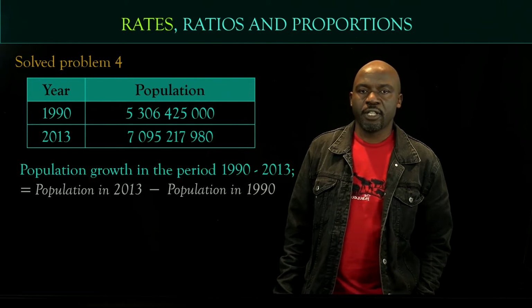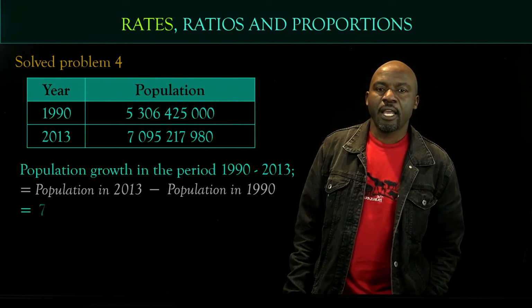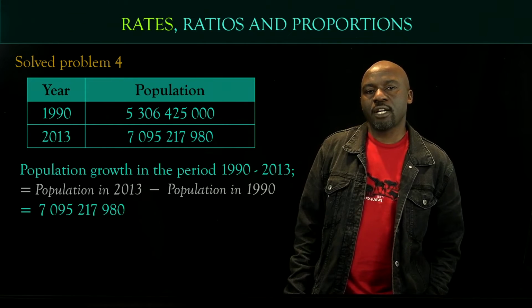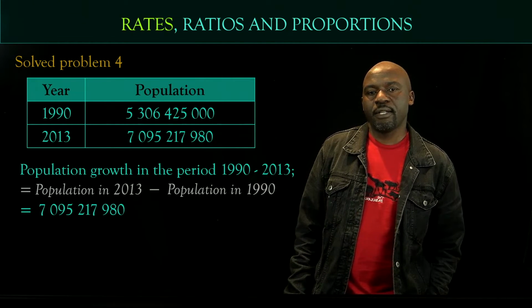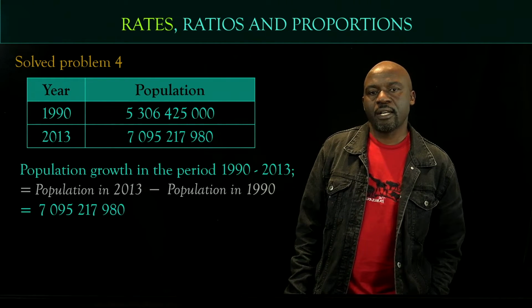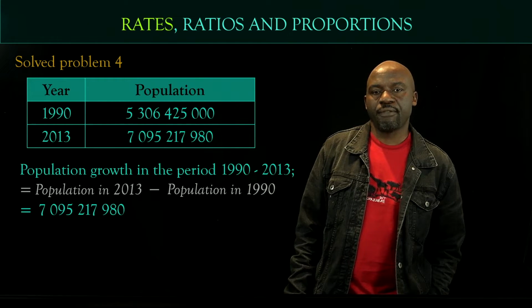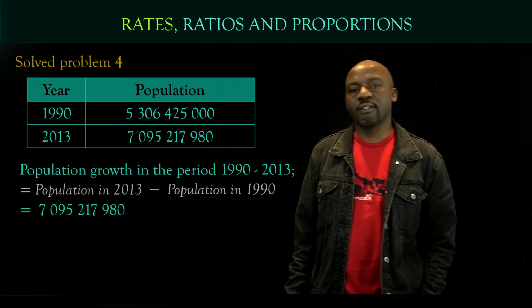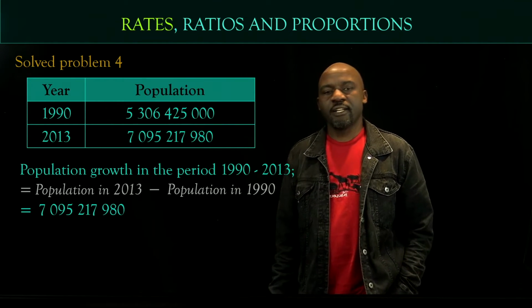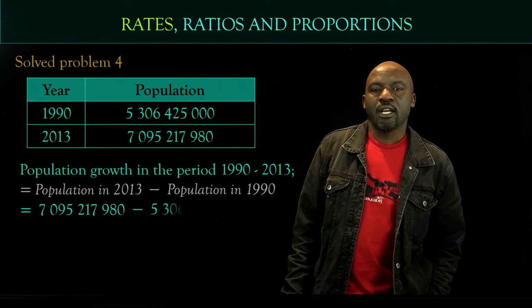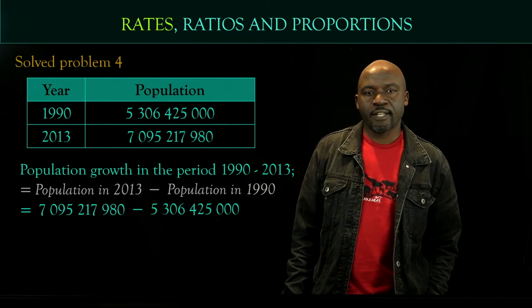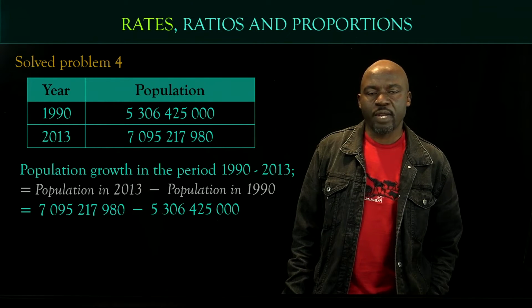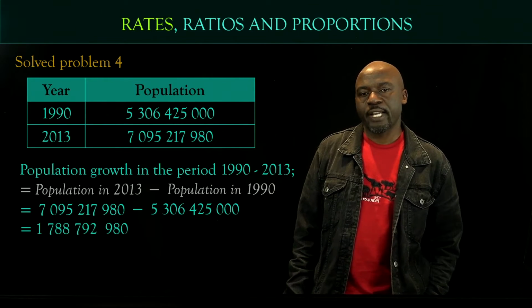minus the population in 1990, and if you subtract 7,095,217,980 minus 5,306,420,000, that is what we get.